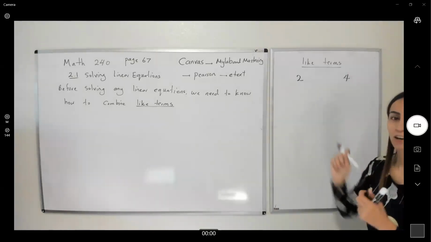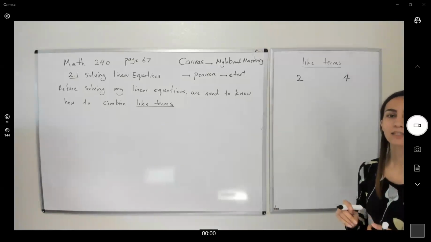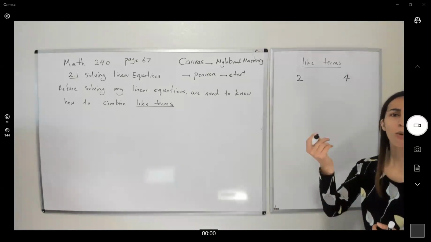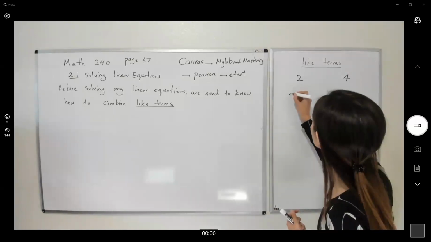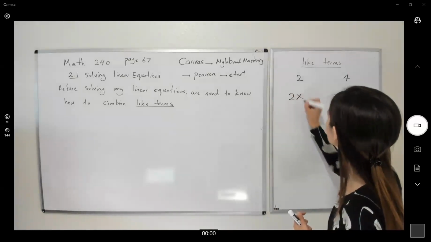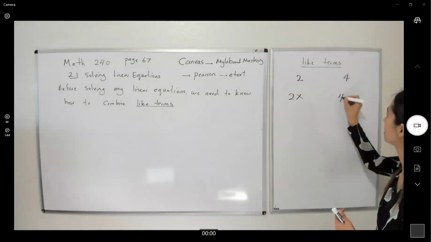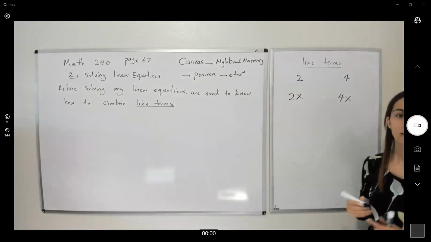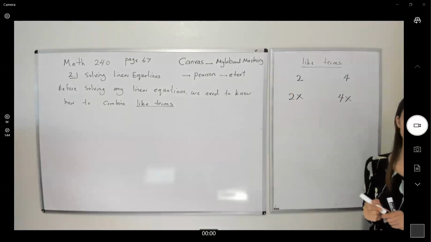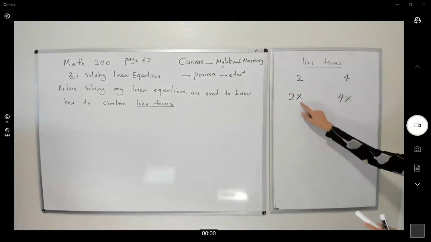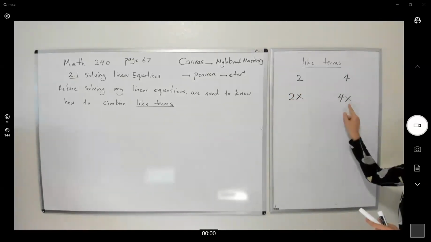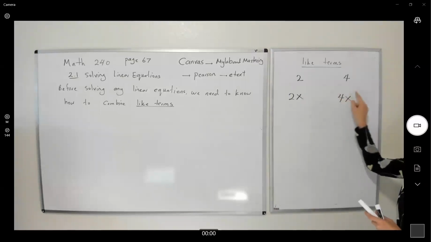If you have a variable like x raised to an exponent like 1, 2x and 4x, these two are like terms. Why is that? Because they have the exact same variable with the same exponent.